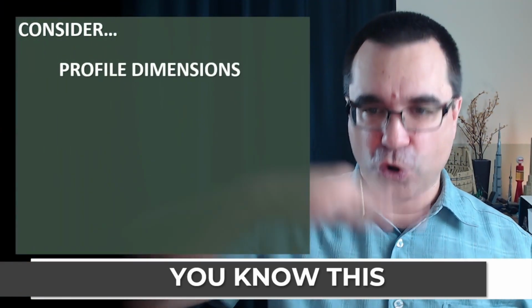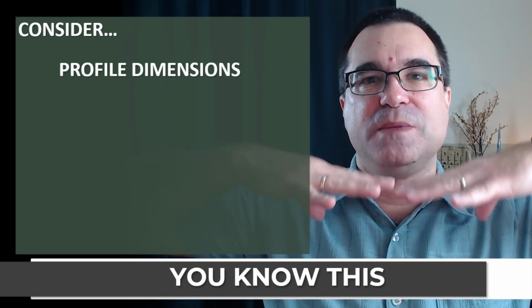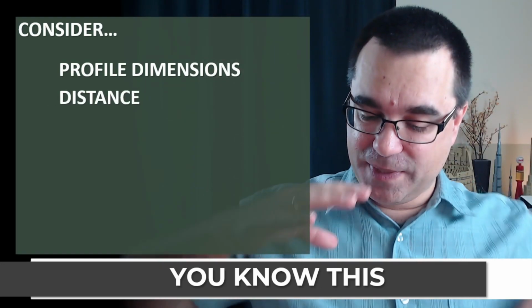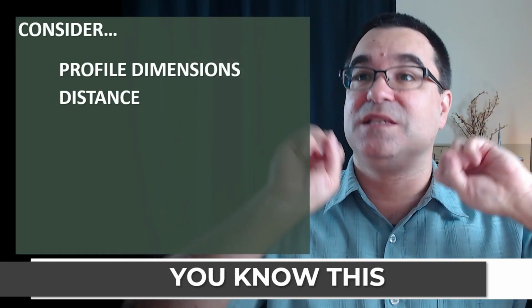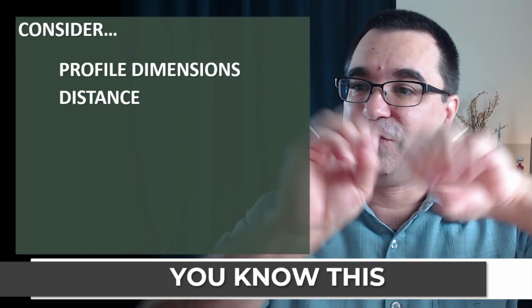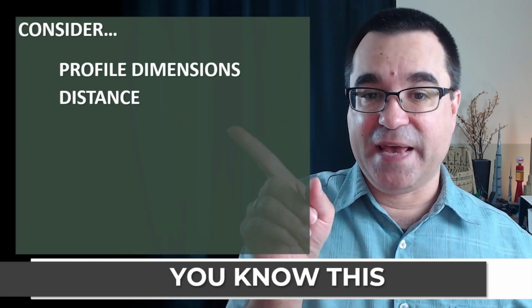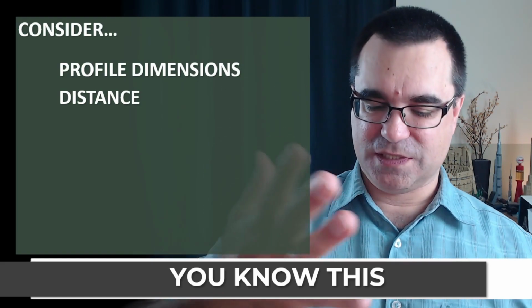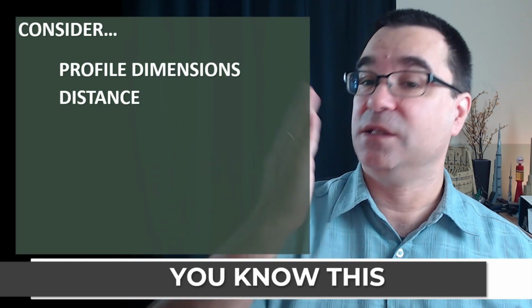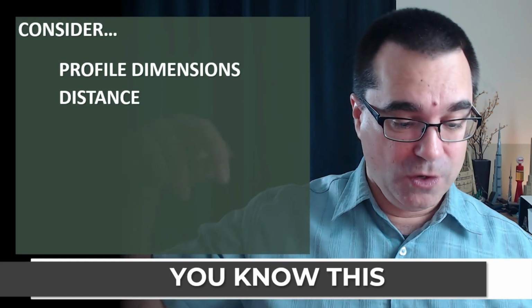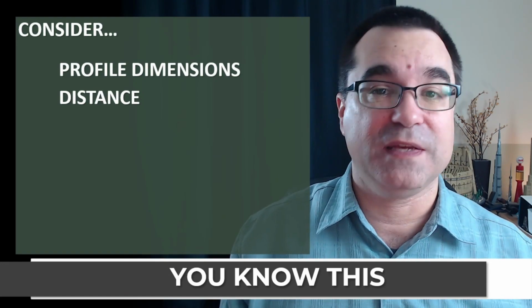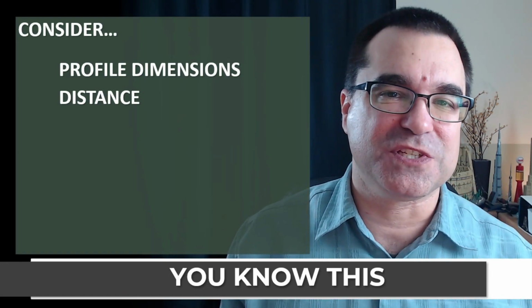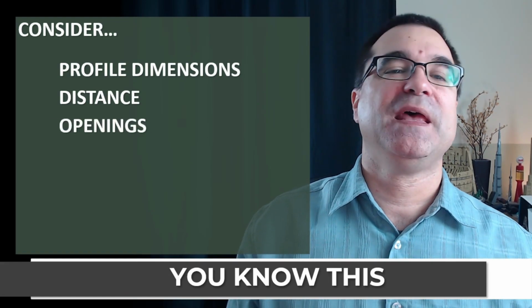First, profile dimensions. So how much the building goes above ground, how wide it is, okay? Because the bigger the building face, the more places for flames to get out. Next is going to be the distance. So how close the neighbor's building is to you if you're walking by, to your building if it's nearby, or to a street nearby, so that it doesn't affect those emergency services that are coming to save you, okay?